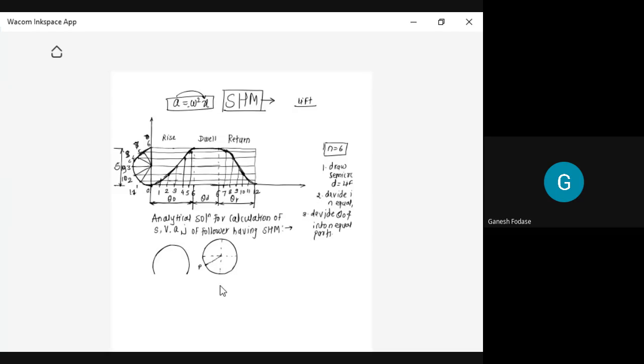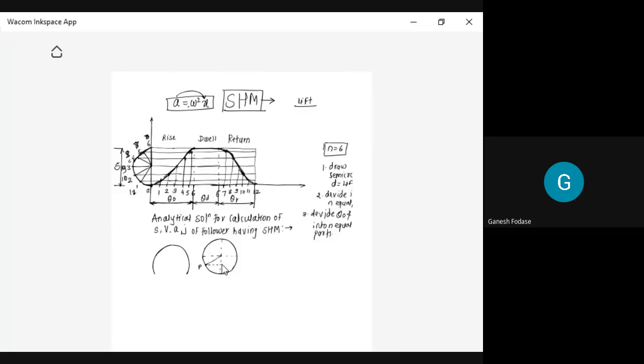So to find that, let's say initially, at this point at the bottom of the circle, the displacement is zero. At this instant, this particle P is here, so if I project it, the follower displacement is up to here. Let's say I'm drawing the projection of this point.